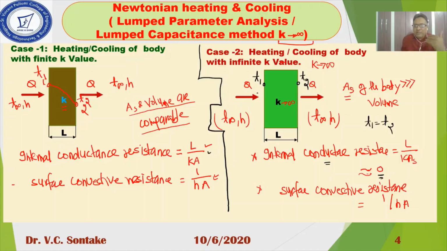The entire body is assumed to be maintained at the same temperature everywhere, and under such condition, the entire heating or cooling process is governed by the surface convective resistance of the surrounding fluid.